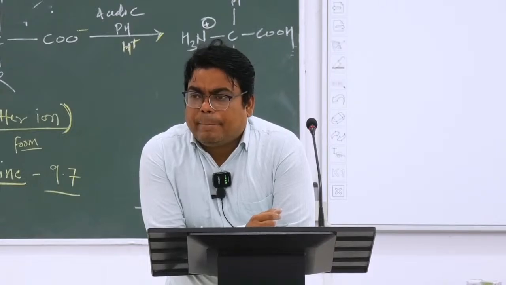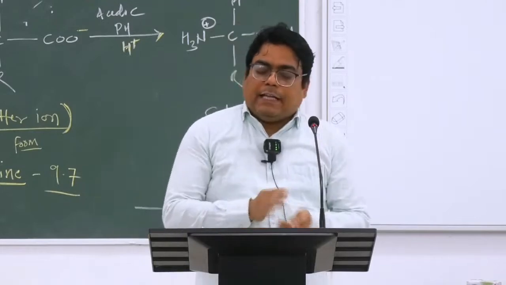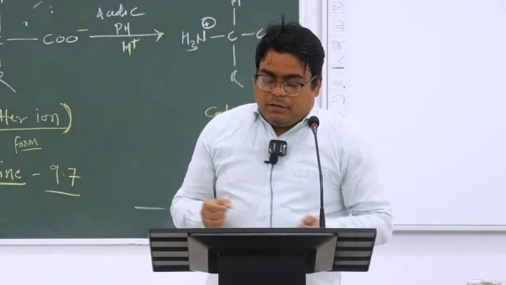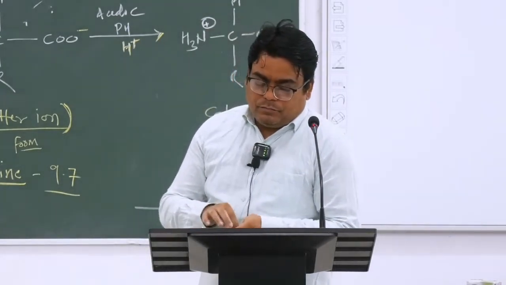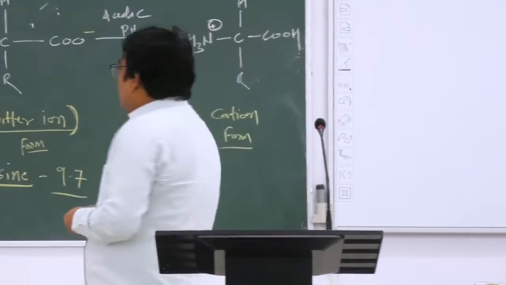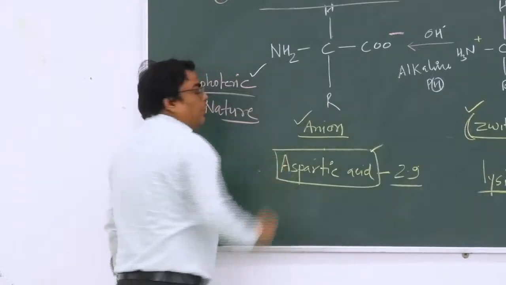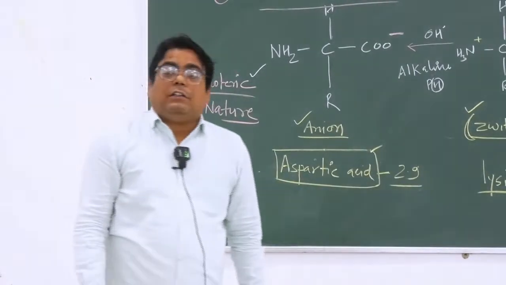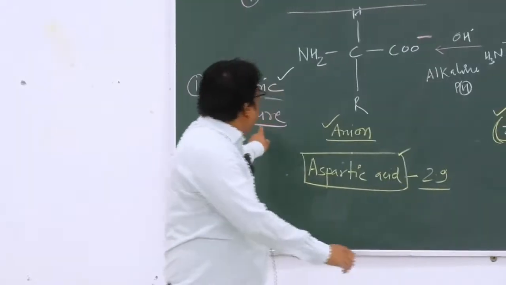Amphoteric means an amino acid can either donate or accept a proton, through its ionizable NH2 and COOH groups. So when a particular amino acid can either donate a proton or accept a proton, it is known as amphoteric nature, and this is very important.